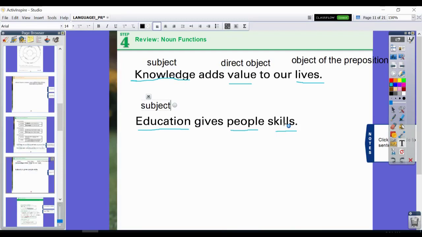Education gives skills, right? That is our direct object. Skills is our direct object. Now, to whom do the skills go? Right? To people. And that is our indirect object, people.